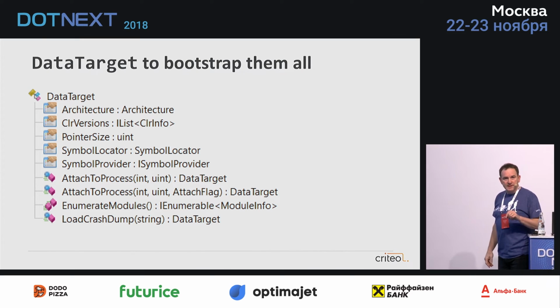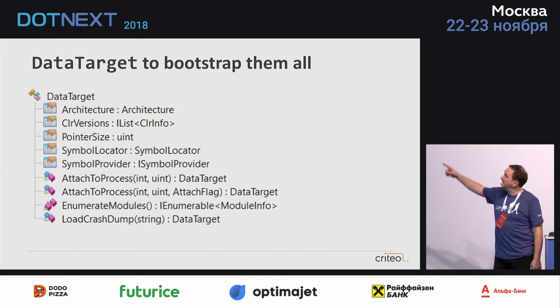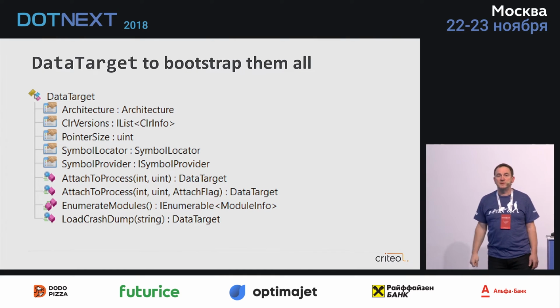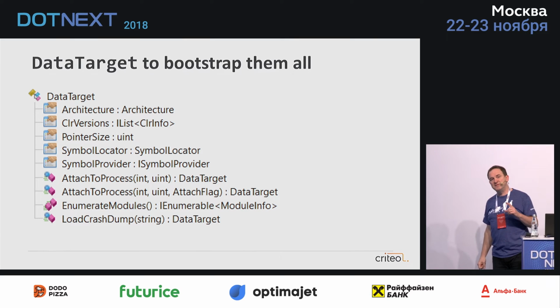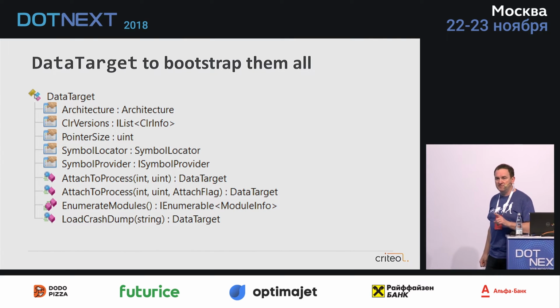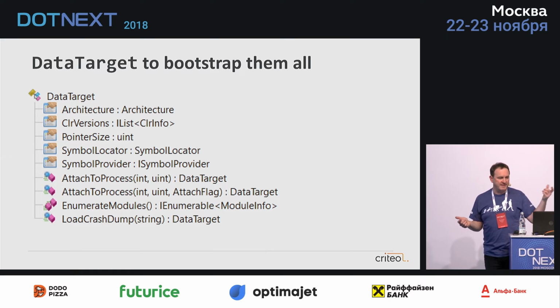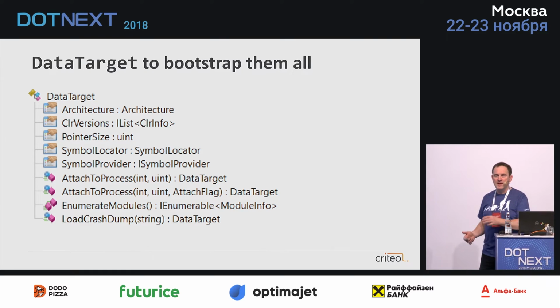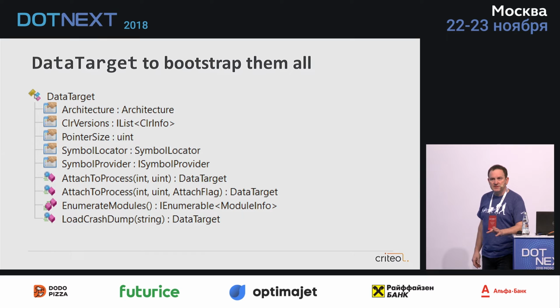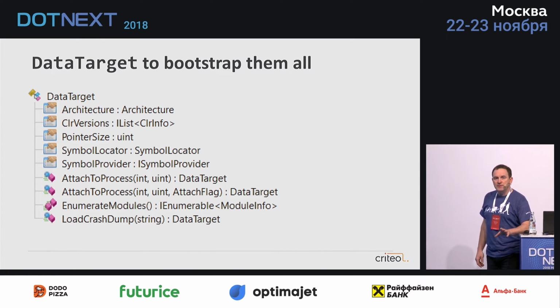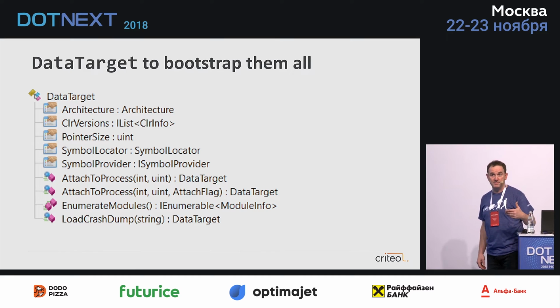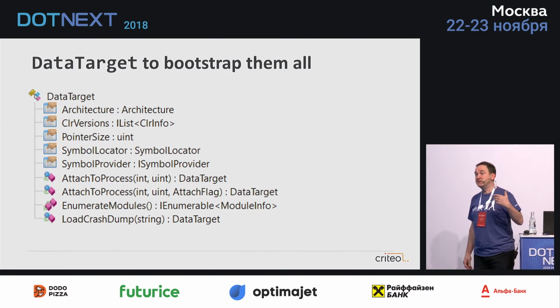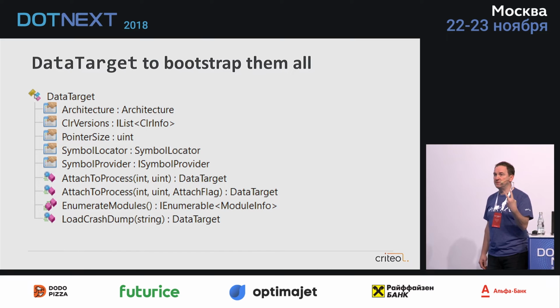From the data target, we get more information by going to the CLR version property. The CLR version property gives you a list of CLR info. I don't know why they picked CLR version if it's a CLR info, but why do we get a list? Because since version 4 of the CLR, due to problems encountered by applications like Word that supported a plugin mechanism, they wanted to be able to have in the same process two versions of the CLR.